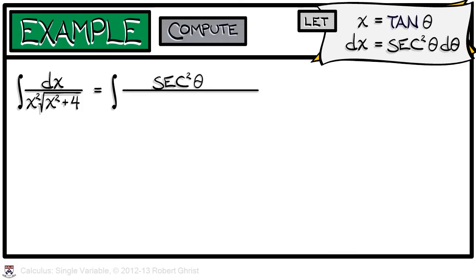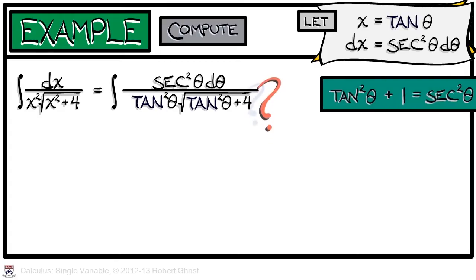Substituting in that and secant squared theta d theta for dx yields something that looks a bit complicated. Now, I hoped to use the fact that tangent squared plus 1 is equal to secant squared to eliminate that square root. However, I don't have tangent squared plus 1. I have tangent squared plus 4, and I can't eliminate that square root.